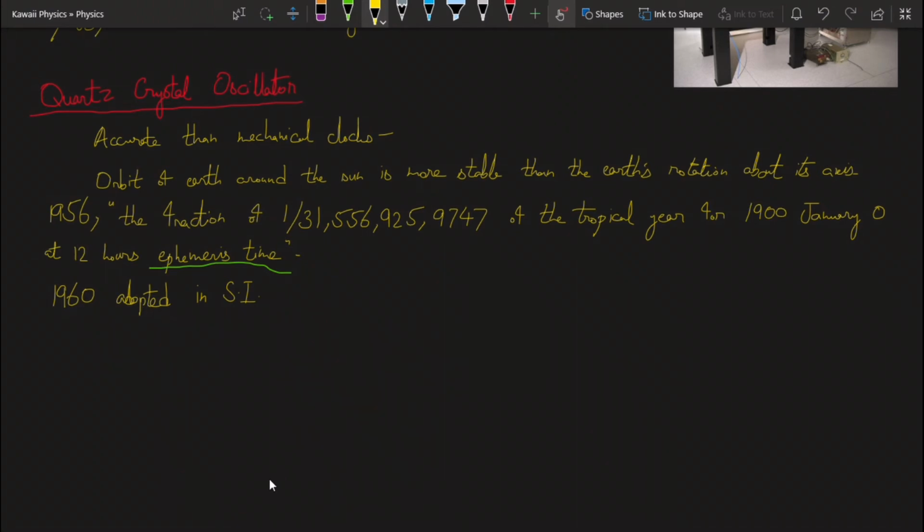As we know from the previous video on the meter, what was the final redefined definition of the meter? It was based on a constant, a natural constant.